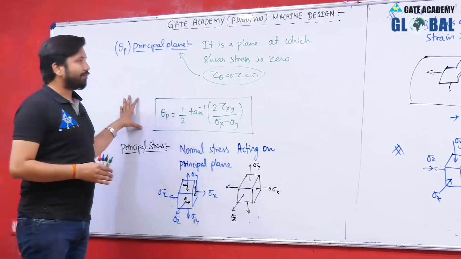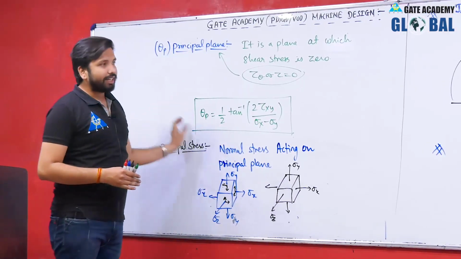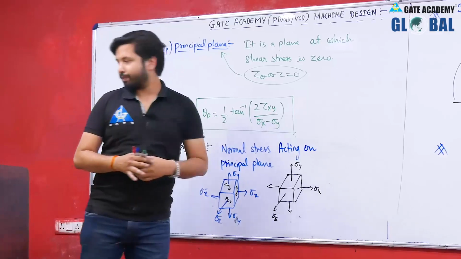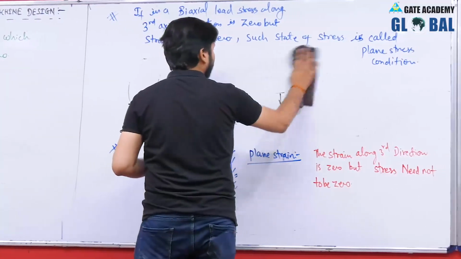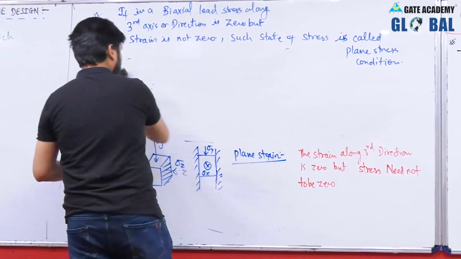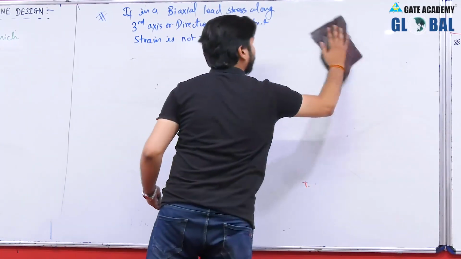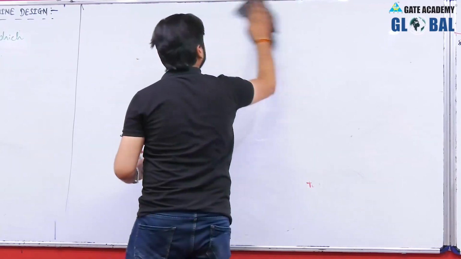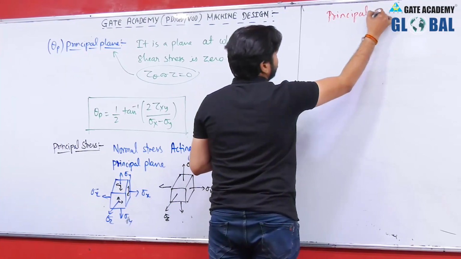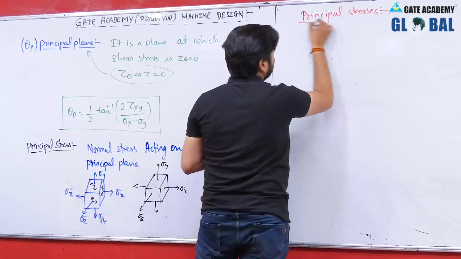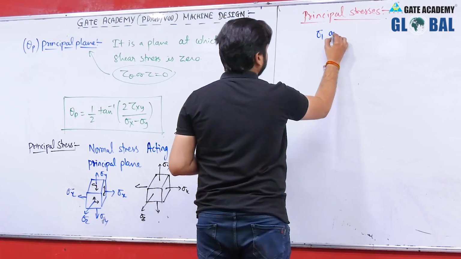Now, from this equation you can find out the location of the principal plane, and using this value of theta in those equations you can get the value of principal stresses. And the principal stresses are sigma 1 and sigma 2.